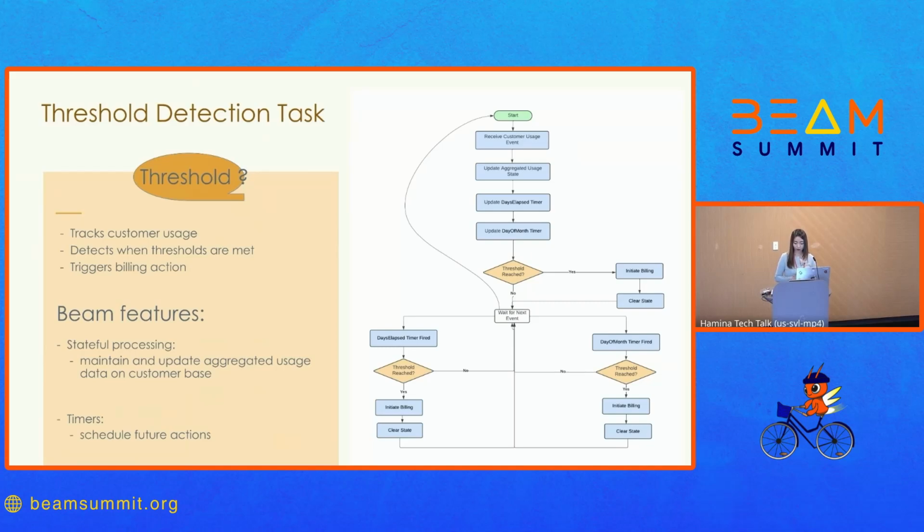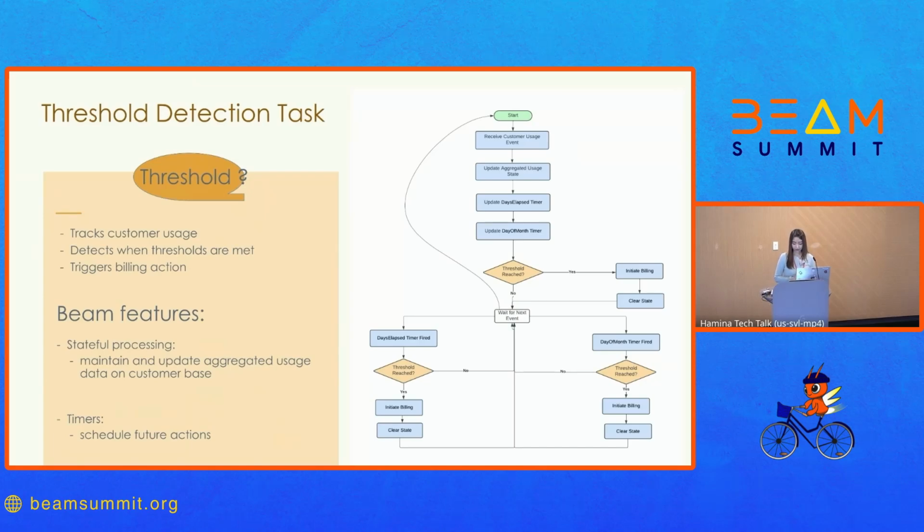This ensures we always have an up-to-date view of each customer's usage, even in a distributed environment. Timers, on the other hand, enable us to schedule future actions. We have two types of timers. One is based on the billing cycle duration, and another one is for specific calendar dates. These timers ensure we check thresholds regularly, even without new usage coming in.